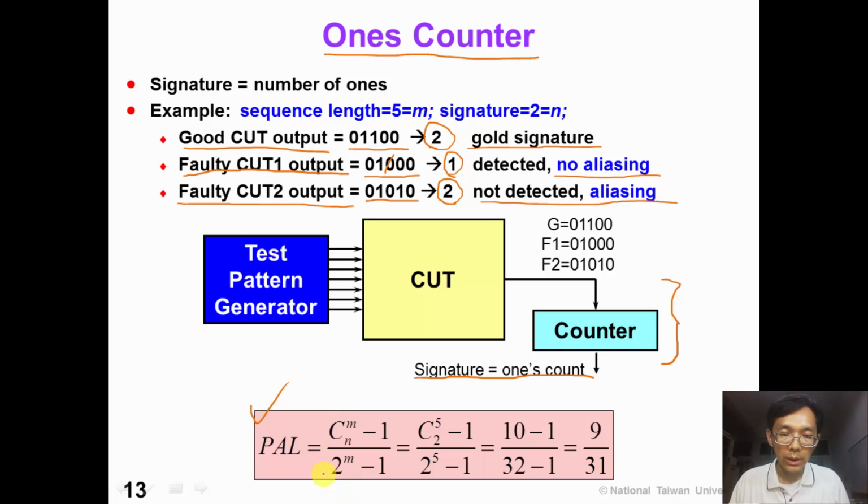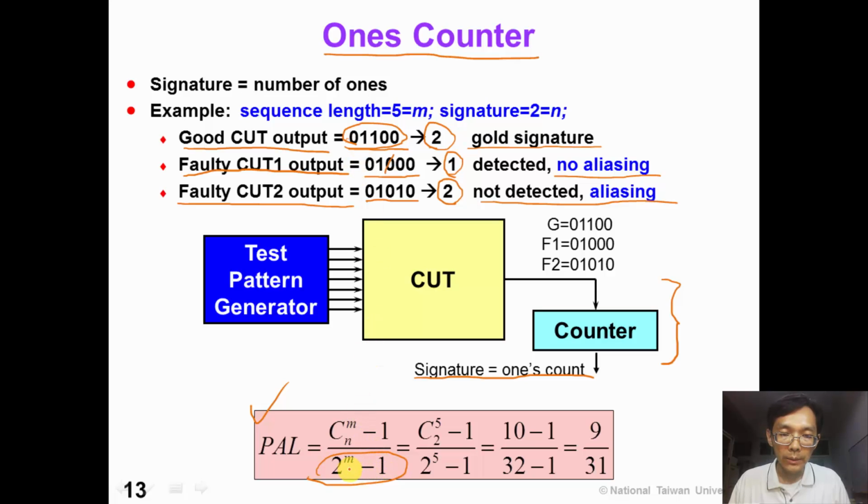In the denominator, again, is 2 to the power of m minus 1, where m is the output sequence length. In this example, because we have 5 bits in the output, m is equal to 5.